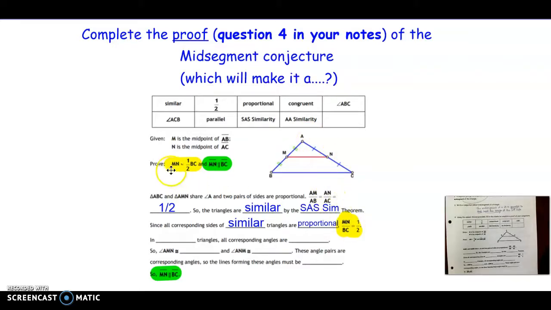So we have proven part of what we were trying to prove, the fact that MN is indeed half of BC, and that's because of that 1:2 relationship between MN and BC. On the next video, I'll finish up this proof.